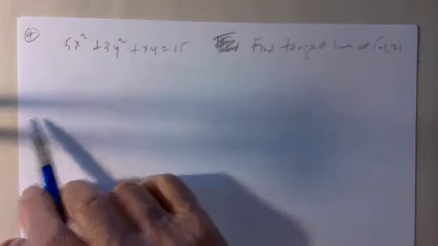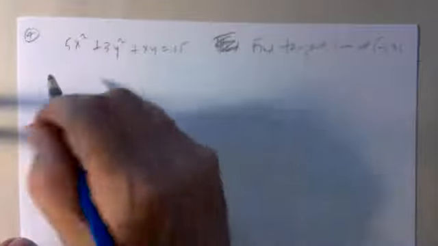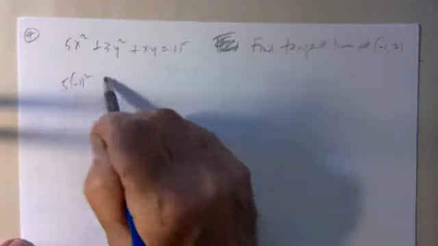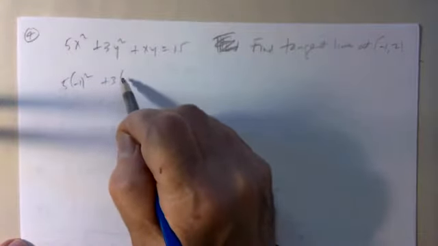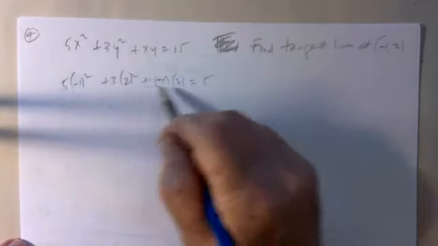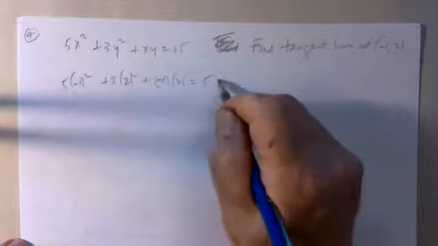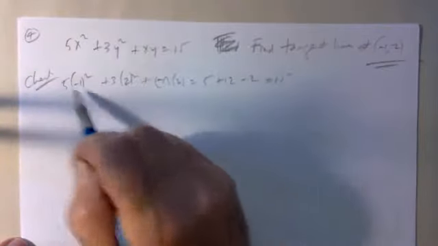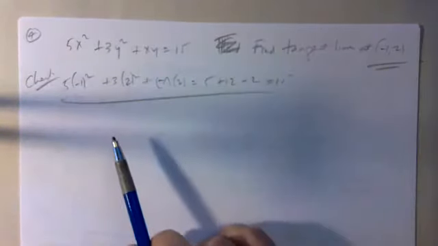And you can check if you let x equal minus 1 and y equal 2, this really lies on this curve: 5 times minus 1 squared plus 3 times 2 squared plus minus 1 times 2 is 5 plus 12 minus 2 is 15. This is just a check that this point really does lie on the curve.